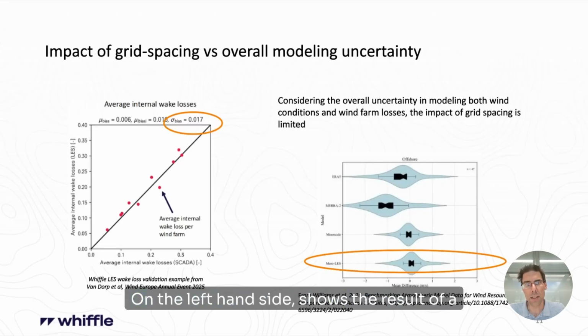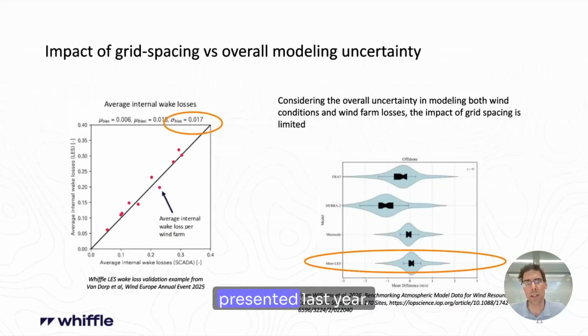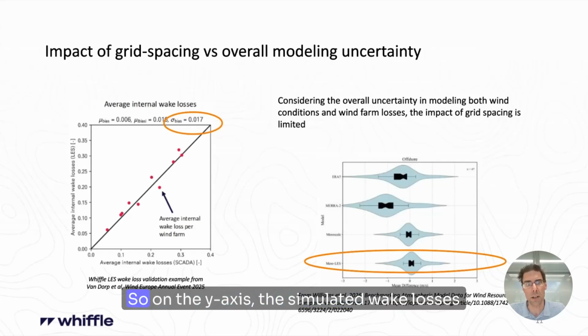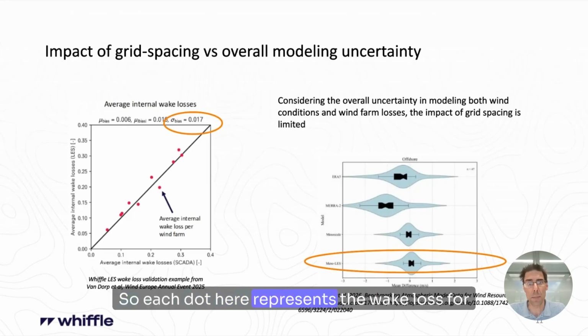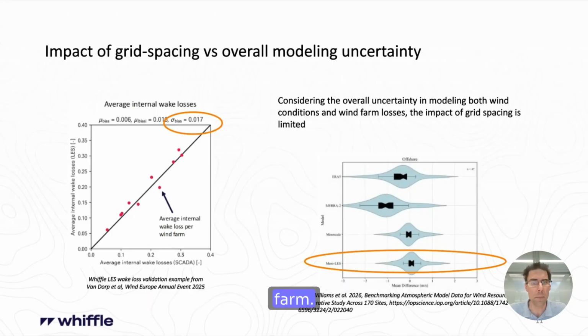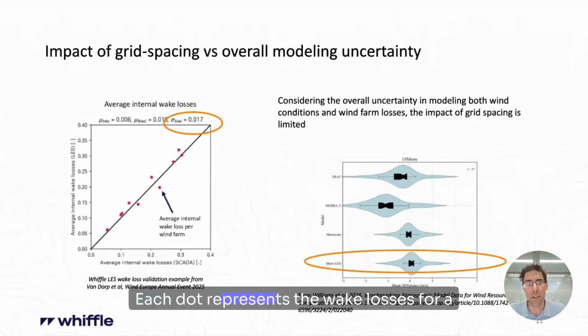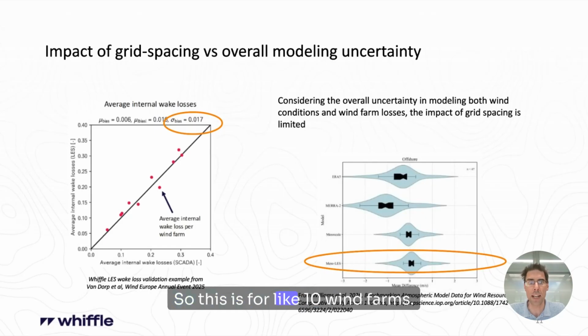The left-hand side shows the result of validation on internal wake losses that was presented last year. On the y-axis, the simulated wake losses are plotted, and on the x-axis, observed internal wake losses. Each dot represents the wake losses for a single wind farm, so this is for about 10 wind farms.